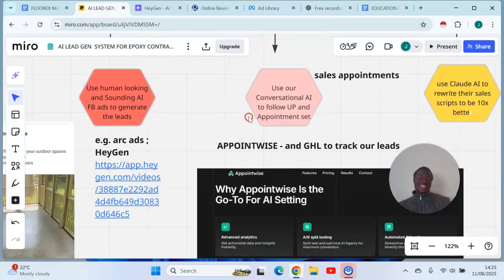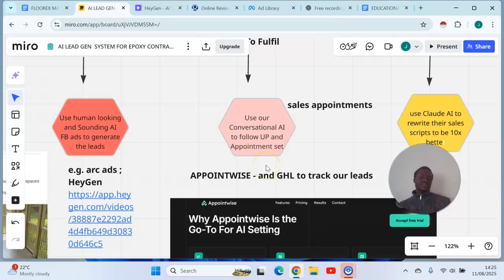Once that is done, once our AI follows up, our AI appointment setter, that is it. And guys, I also forgot to tell you, you need to understand that the biggest bottleneck that many flooring contractors are facing right now is not even in getting leads, because if it's getting leads, they don't have to depend on ads or organic marketing or whatsoever.